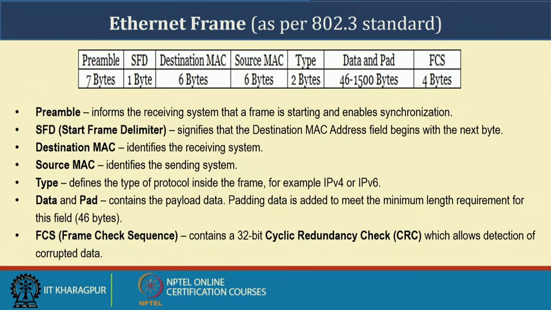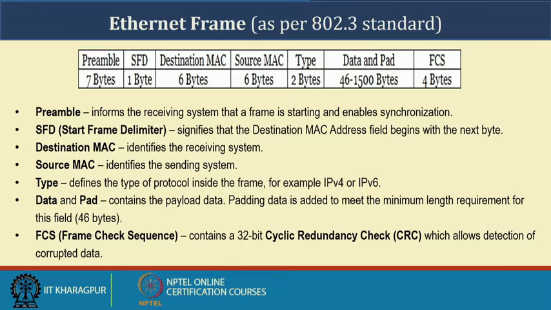If there is no payload, theoretically, then the padding of 46 will be there. If the full payload of 1500 bytes is there, then it may not have any padding. And the frame check sequence, typically the CRC, contains a 32 bit cyclic redundancy check, which allows the detection of corrupt data. That is the frame check sequence or FCS.